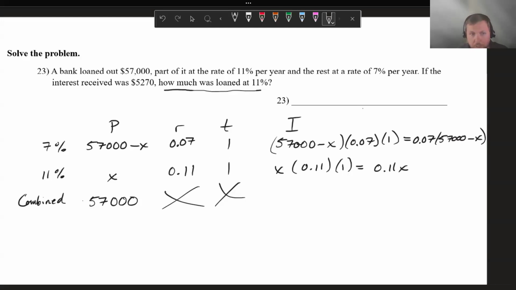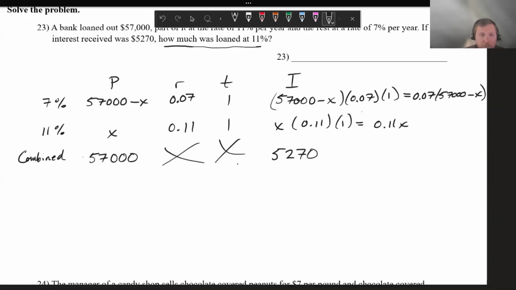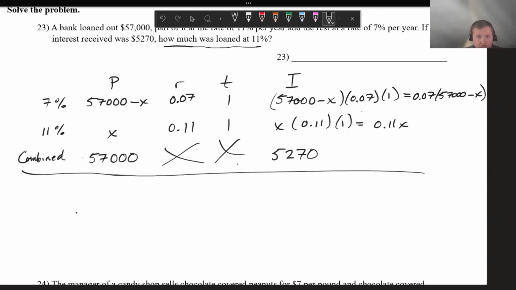Now the total interest is $5,270. So the interest on the 7% plus the interest on the 11% is going to add up to that 5,270. So I should have 0.07 times 57,000 minus X plus 0.11X is equal to 5,270.